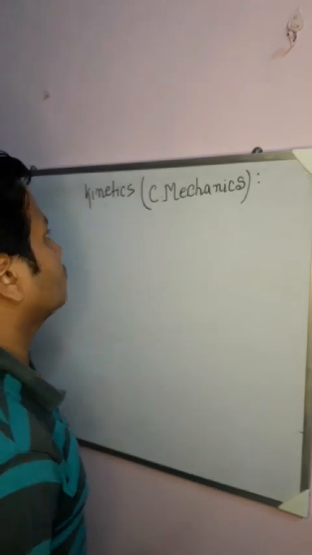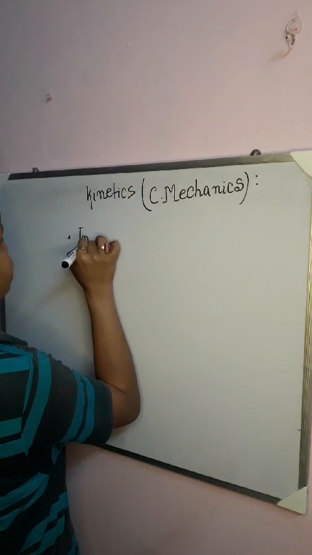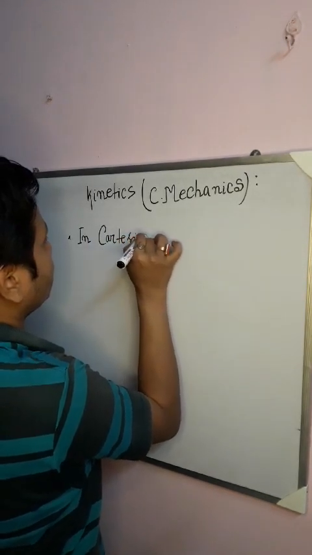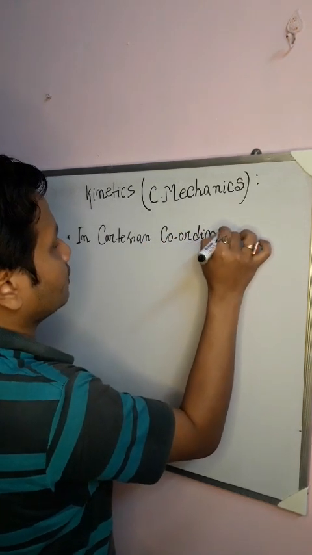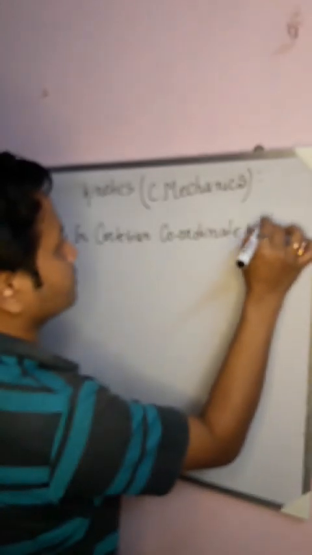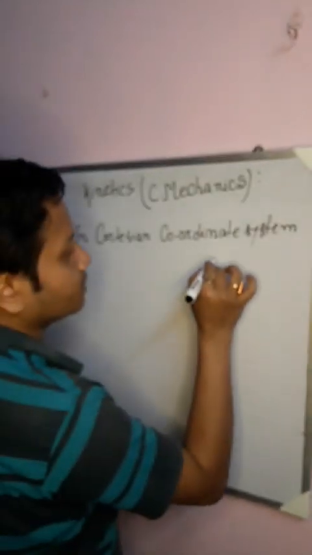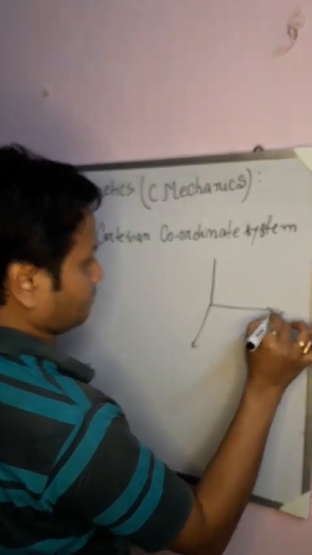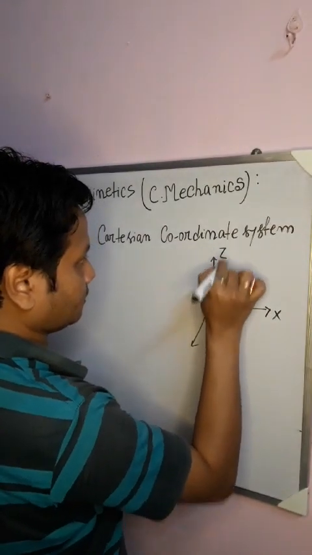First of all, you all know the position vector in the Cartesian coordinate system. Say this is x, this is y, this is z.